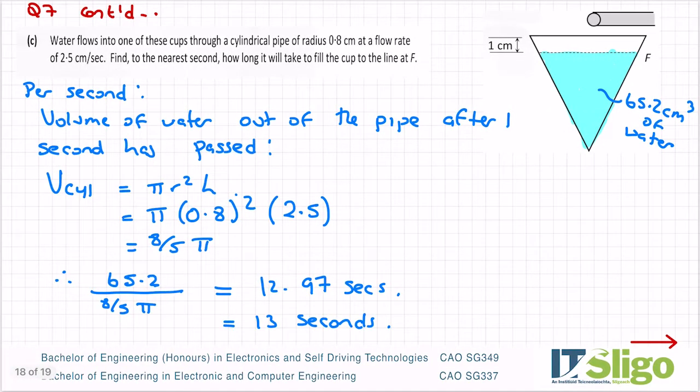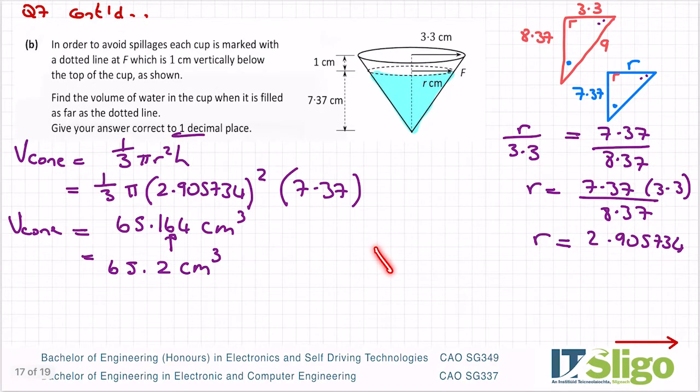It's going to be more or less what we've done before, apart from being a little bit of working backwards. How did we work out the volume of water in the cone in the first place?